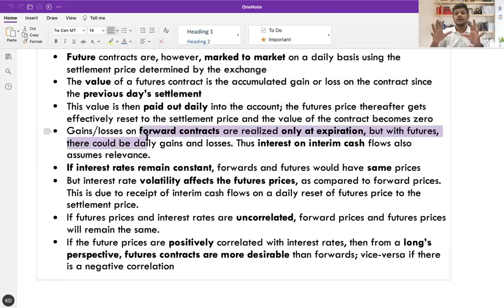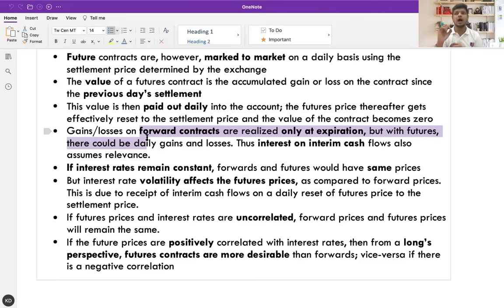In forward, does the settlement happen on a daily basis? No, it happens only on maturity. The gain or loss is going to happen only on maturity. In futures, that happens on a daily basis. So the value of the futures on a daily basis after settlement is dash. What?